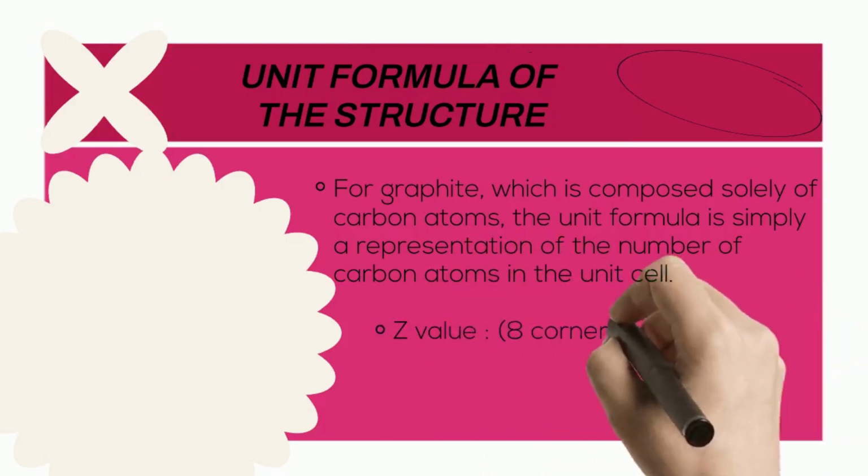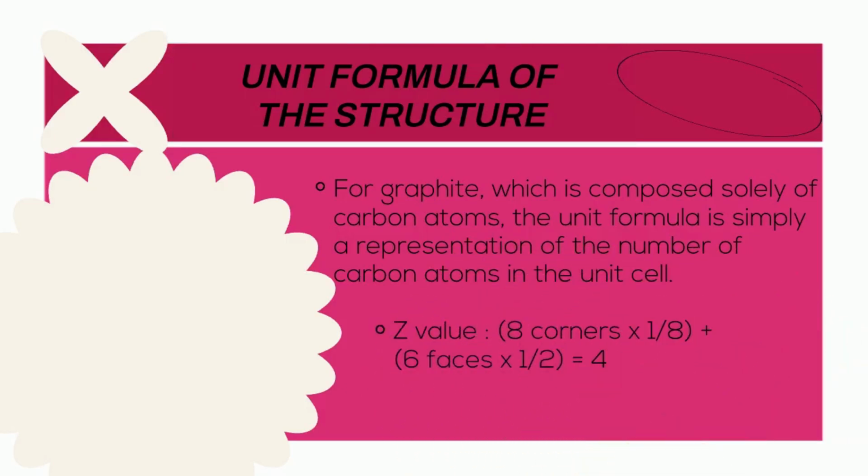There are 8 corners in a hexagonal unit cell. Contribution per corner atom is equal to 1/8. Total contribution from corner atoms is equal to 8 times 1/8, that is equal to 1. Also, there are 6 faces in a hexagonal unit cell.